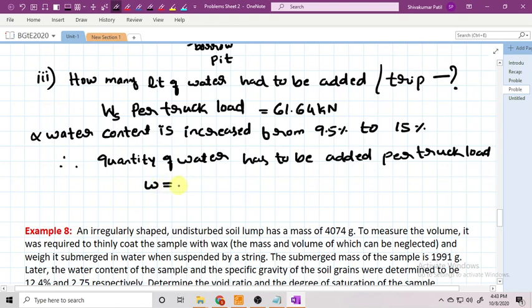Water content is nothing but weight of water by weight of solids. So I want to find the weight of water. Weight of water is equal to water content times weight of solids, which I know in the truck is 61.64.